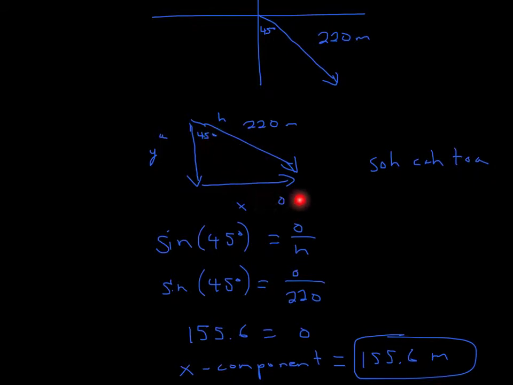So the sides are opposite, adjacent, and the hypotenuse. Let's solve for the x component. We have opposite over hypotenuse because that's the only number we have. So it's going to be sine of the angle because that's opposite over hypotenuse. So sine of 45 degrees equals opposite over hypotenuse.